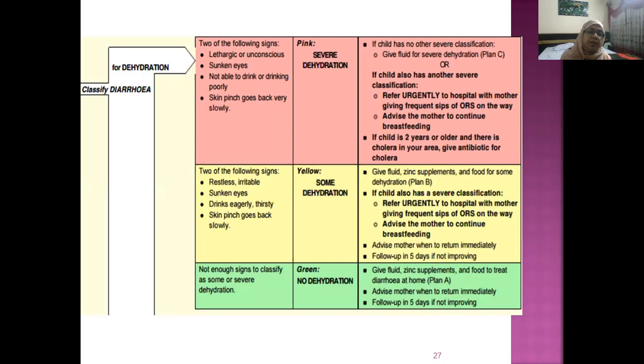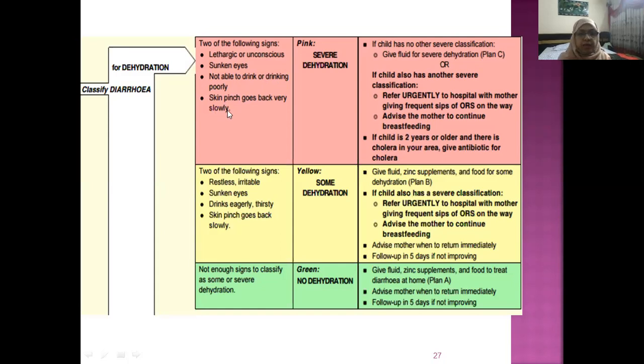So what are the signs of dehydration? The color coding system is the same as that of cough and cold, difficult breathing: red, yellow, and green. In the red zone, if 2 of the following are present: lethargic or unconscious, sunken eyes, not able to drink or drinking poorly, skin pinch goes back very slowly.